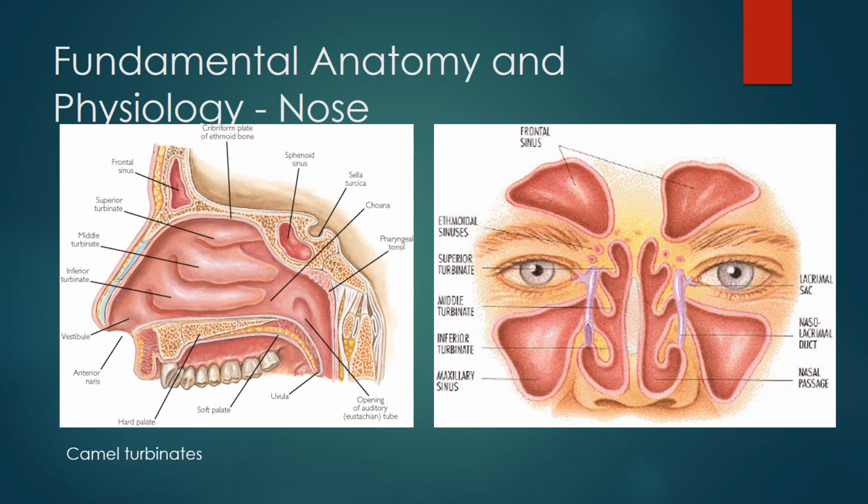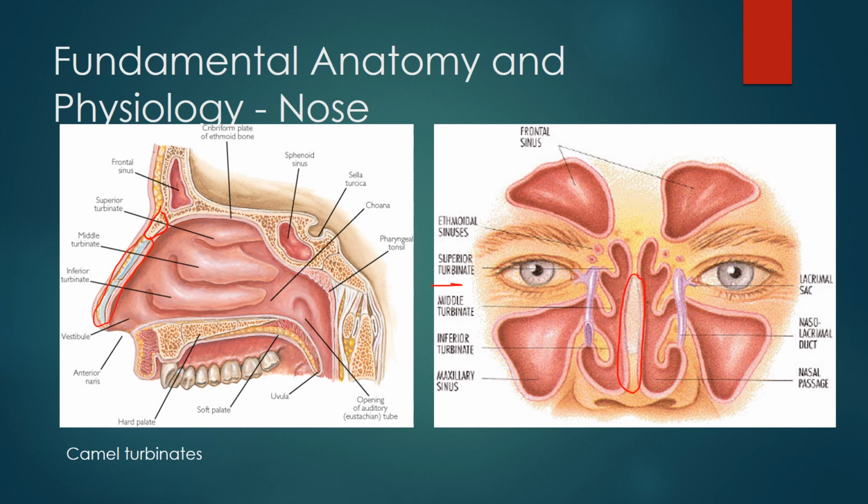Moving on to the internal structures of the nose, we can see from this diagram on the left that we can still see the nasal bones here, and we have our cartilaginous part here. What we're not seeing is the mid septum, the dividing septum, which we can see on the right side over here.